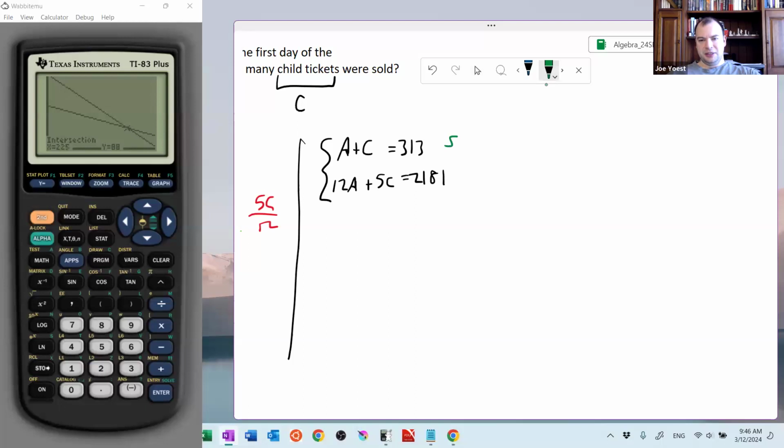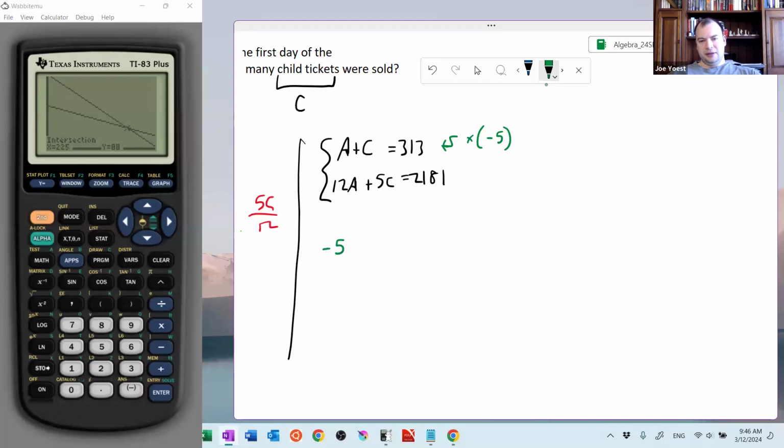In this case, I'm going to take equation 1 and multiply by -5. I could multiply by -12 as well, but here I'm going to multiply by -5. Why am I doing that? Well, let's see what happens when I do that.